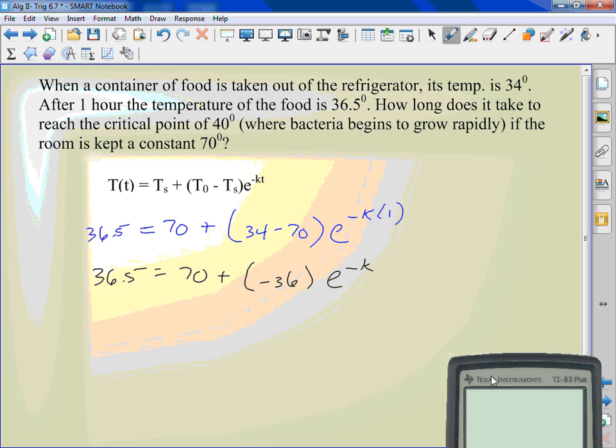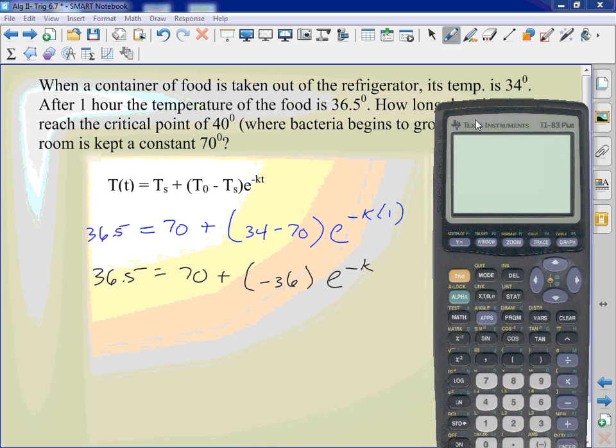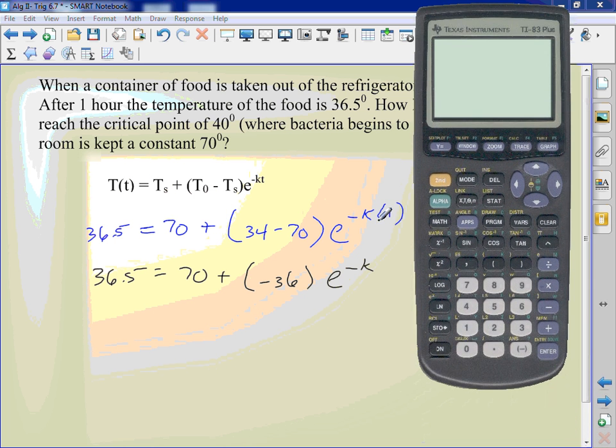All right. First thing I need to do, I did 34 minus 70, and then negative k is the exponent. My first step should be what? Subtract the 70. So 36.5 minus 70 is negative 33.5, negative 36 e to the negative k.